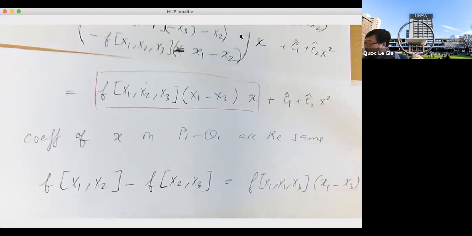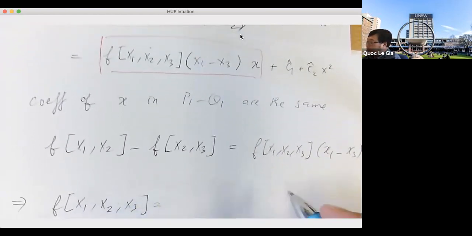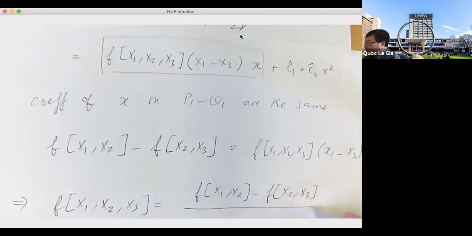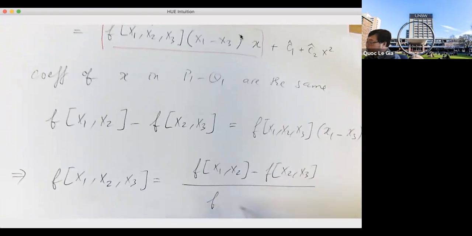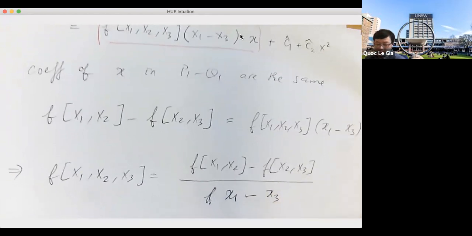So therefore you have the formula for divided difference over 3 points, x1, x2, x3, equal to f[x1, x2] minus f[x2, x3] over x1 minus x3. Okay, so that is the formula you have to prove.